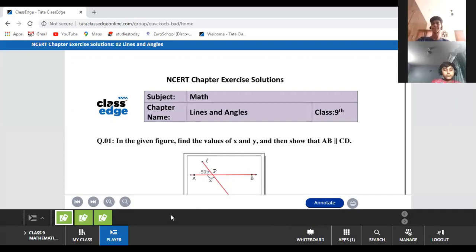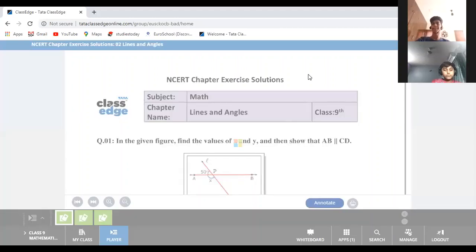So what is the property based on co-interior angles?